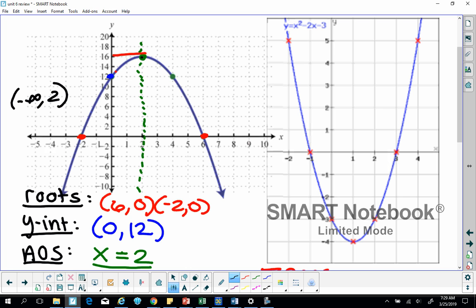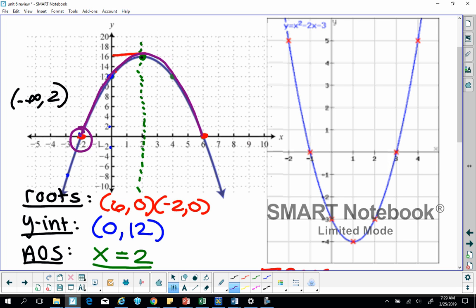So increasing is just looking at when it's going up, and when it's going down is decreasing. The last one's positive, and when it mentions positive, it's talking about the y values. Is this y value positive? Is this positive? No. Is this positive? Yes, so from here, all these y's right here are positive, right? What x values are they positive at?